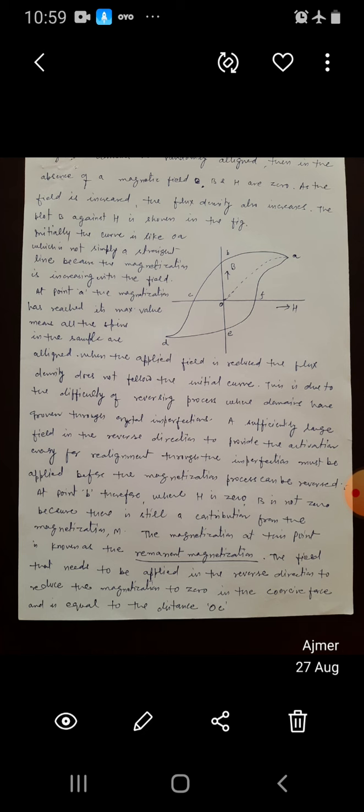It means the imperfection is causing the deviation of the path of this curve from OA to AO. So simply you can say that the domains are not exactly following the same path due to the imperfections in the ferromagnetic material. That's why the graph does not follow the path it should.